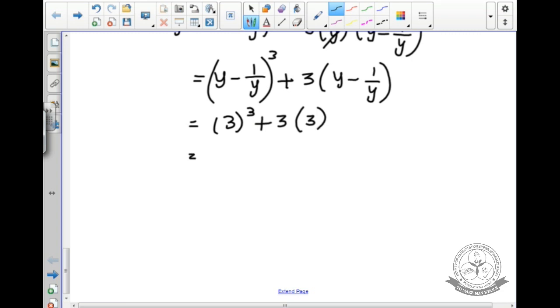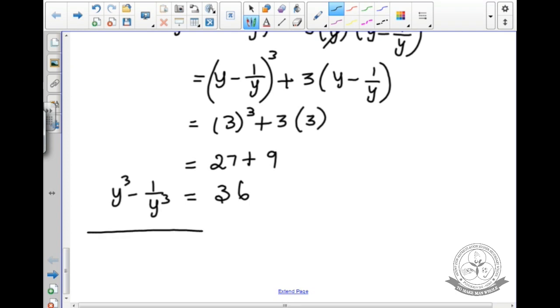The 3 cube value is 27, that is 3 into 3 into 3. Then plus 3 into 3, that is 9. If you add, you will get 36. This is the value of y cube minus 1 by y cube. So your 11th sum is over.